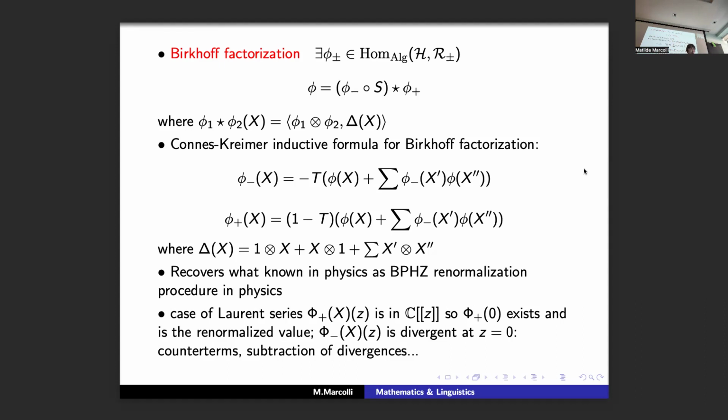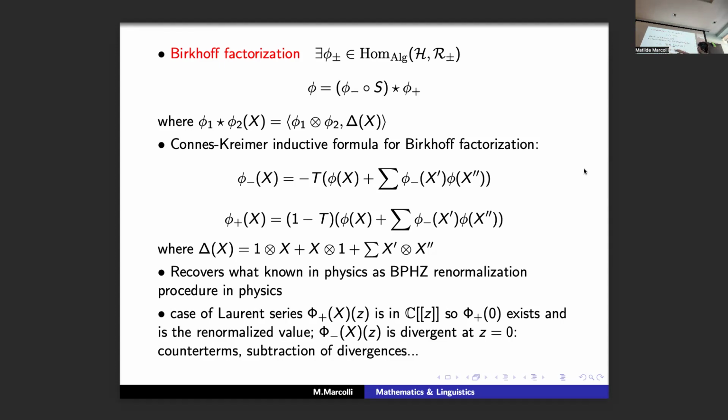You can always do this decomposition. And the way that one shows that it exists is again by an inductive argument, which is based on the fact that the coproduct has terms of lower order. And so you can inductively make an argument, like you define the antipode inductively: the same kind of inductive formula that you use to define the antipode, you use to define this decomposition.